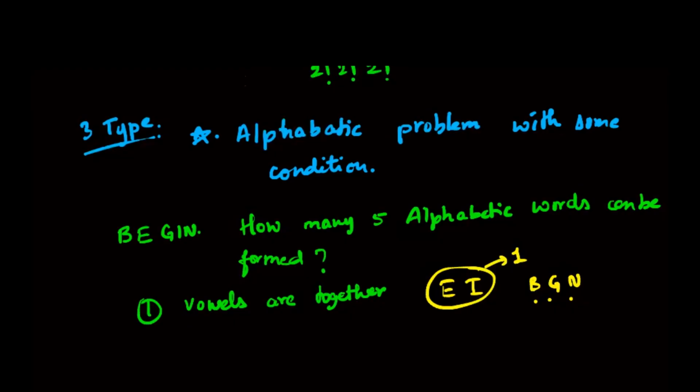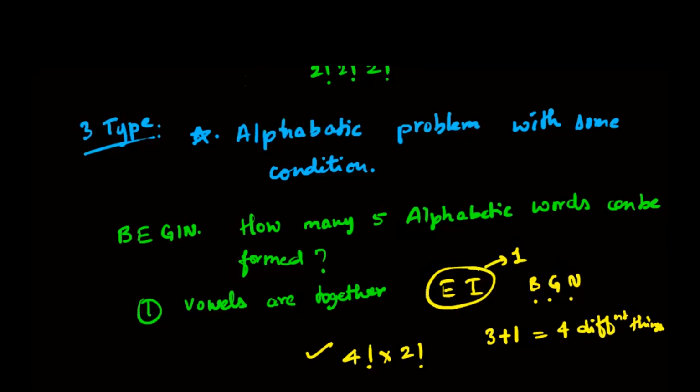So we have 3 plus 1, basically 4 different things. Now 4 different things can be arranged in how many ways? 4 factorial. Now E and I can themselves be arranged in how many ways? That can be arranged in 2 factorial ways.